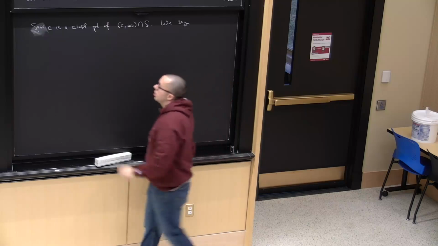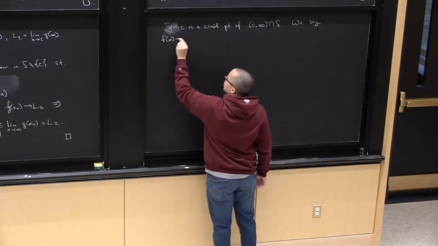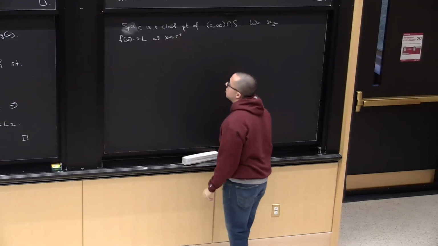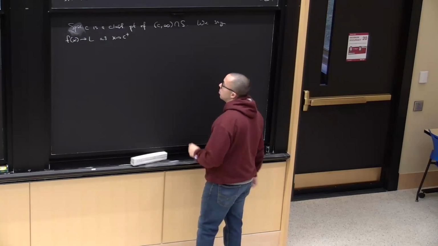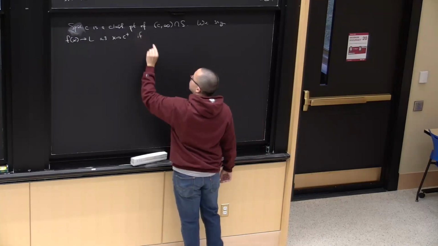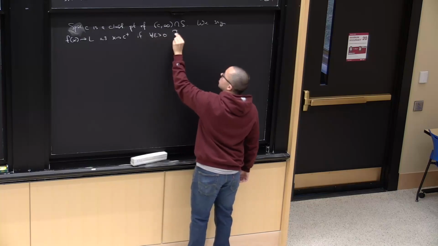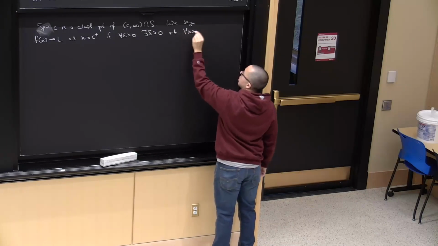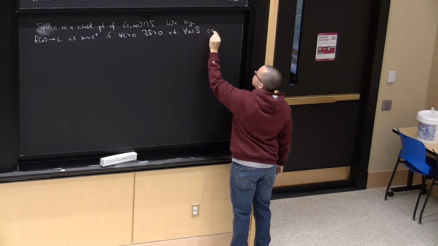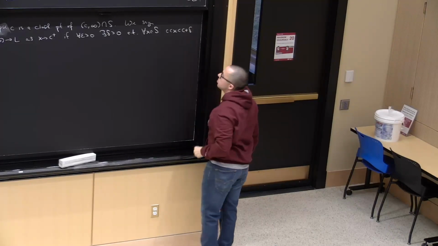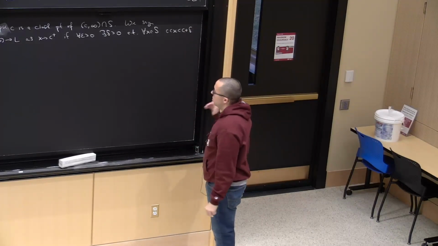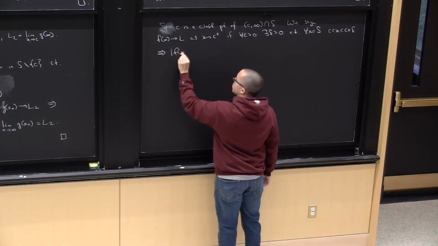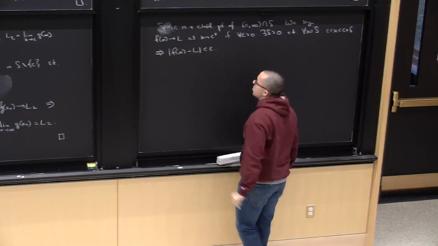Then we say that f of x converges to L as x converges to c plus, meaning as x converges to c from the right, if for all epsilon positive there exists a delta positive such that for all x in S satisfying c is less than x is less than c plus delta, so now it's close to c but to the right of c, we have that the absolute value of f of x minus L is less than epsilon.